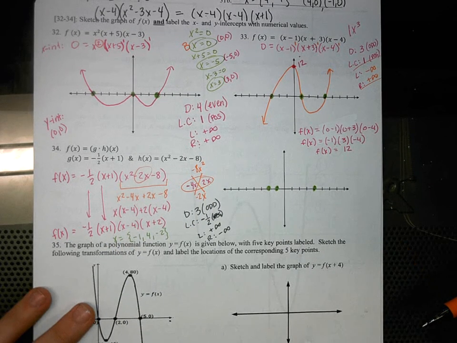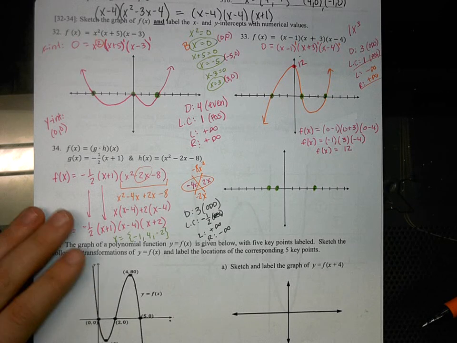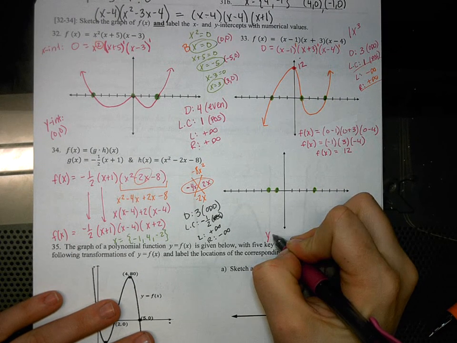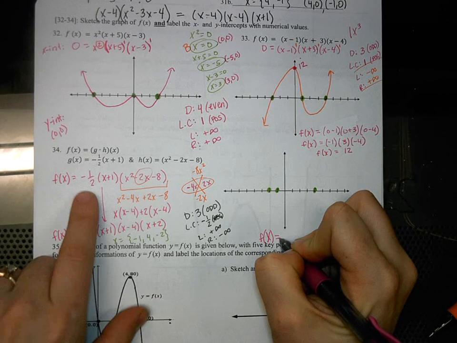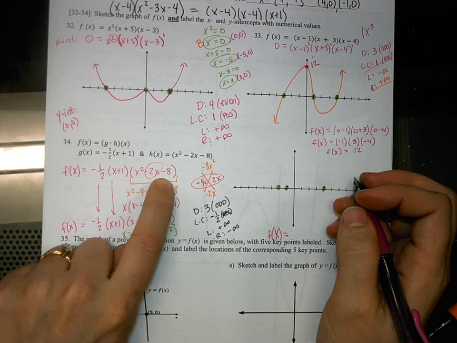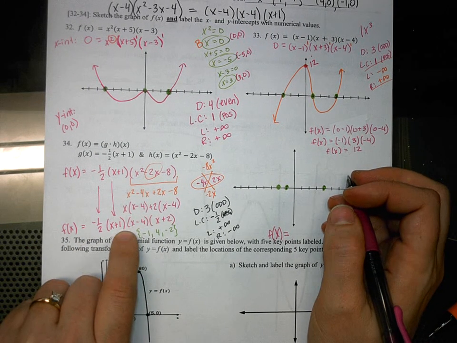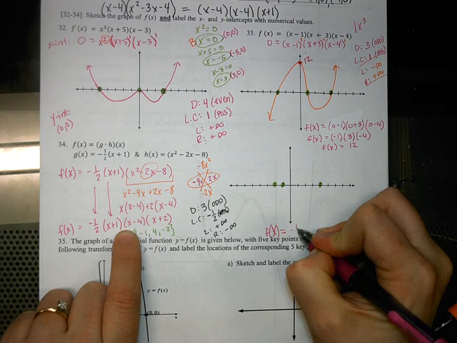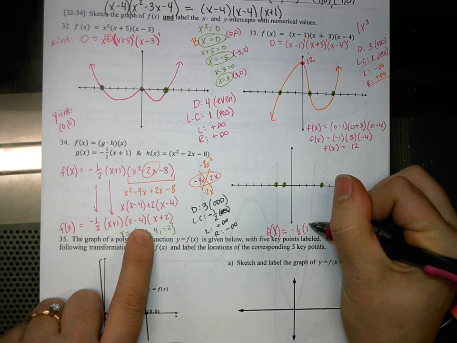My y-intercept I get from plugging in 0 for x. So I have f of x equals, you have to plug it in when you write out f of x. So either to this entire equation or this one. I would suggest plugging it in here, but you don't have to. So if I plug in 0 for each of these, I get +1. 0 minus 4 is -4.